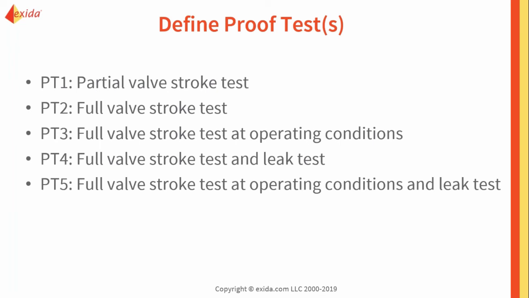However, just being aware that there's different variations of proof tests and thus different coverages associated with a proof test can be helpful. Maybe you only can do a partial valve stroke test in your operation. However, just know that the effectiveness of that is not going to be the same level as a full valve stroke test at operating conditions with a leak test.